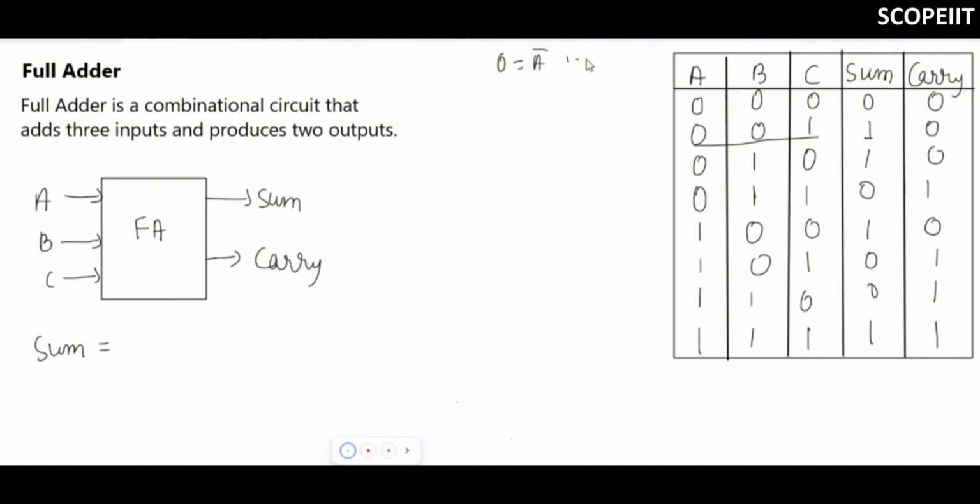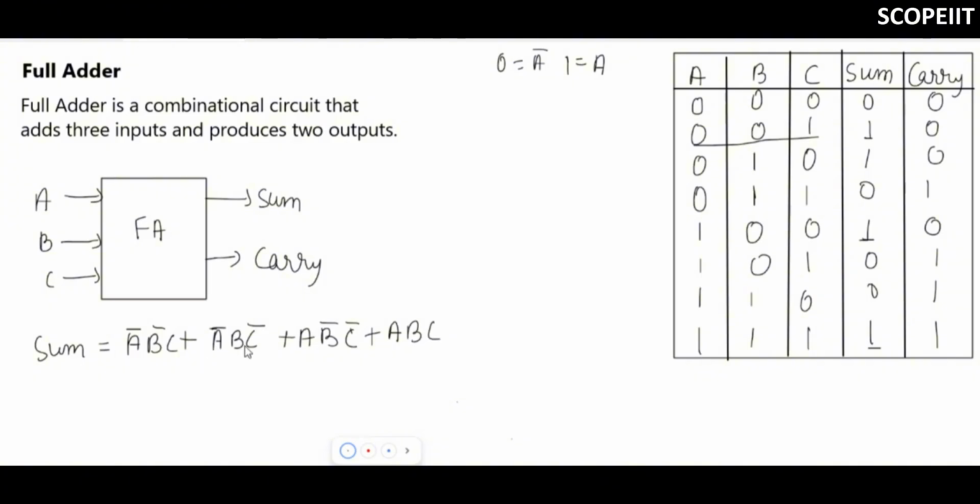So it will be A bar, B bar, C, plus next 0 1 0, that means A bar, B, C bar. Plus next you have 1 here, so that means A, B bar, C bar. Next, last you have all 1, so it will be plus A, B, C.